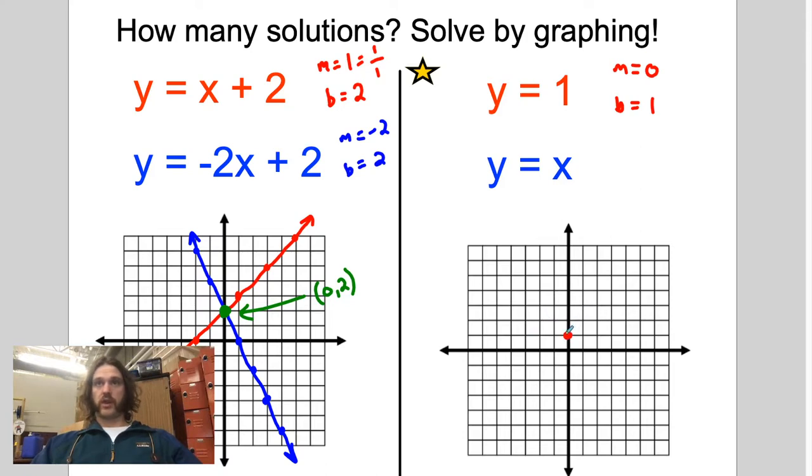Slope 0 is a horizontal line, or you can think of 0 as a fraction as up 0 over 1, right? So this is what my line looks like. It's just a horizontal line at y equals 1. This can also be described as all the points with the y value 1.